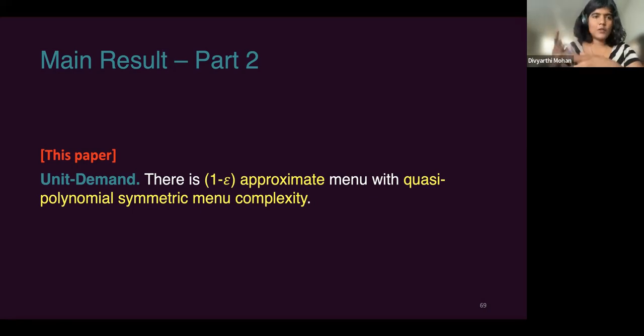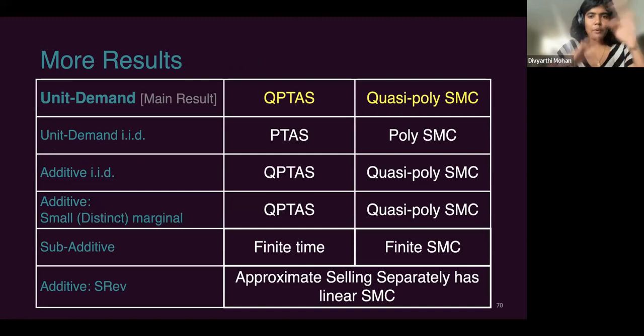That also means you have almost efficient communication complexity because of this, right? We also have other results analogous to the computational setting for different restricted settings. You can ask me more about them later if you're interested.